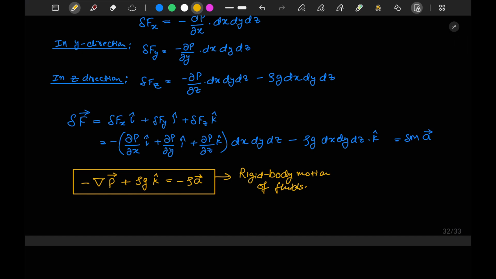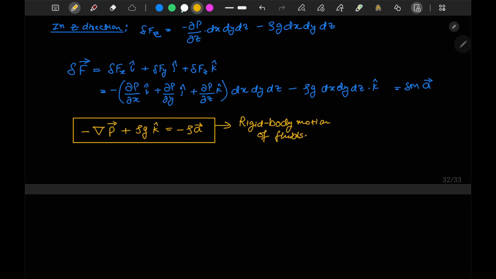I can further write it as, del p by del x, this term will also become positive because we have taken the minus to this side.